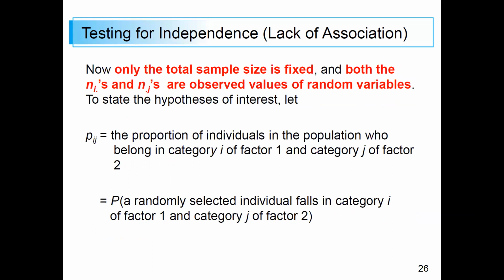The row totals we will still denote with the same notation, N1 dot, N2 dot, and so on. And the column totals we will still denote as N dot j, like N dot 1, N dot 2. And therefore, if you recall how the previous table was written, that table will still apply.